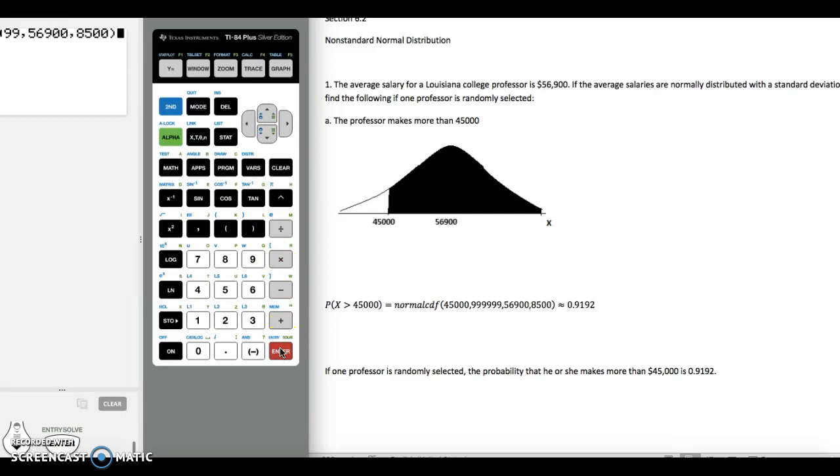Press enter and then enter again. So the probability of randomly selecting one professor who makes more than 45,000 is approximately 0.9192. Basically, about 91% of professors make more than $45,000.